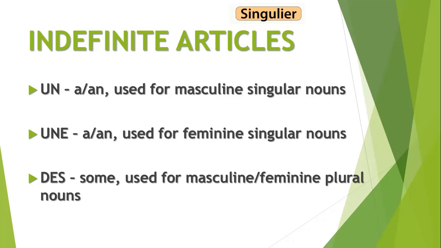For example, you can write down une montre. First write down U-N-E, its article. Then M-O-N-T-R-E.